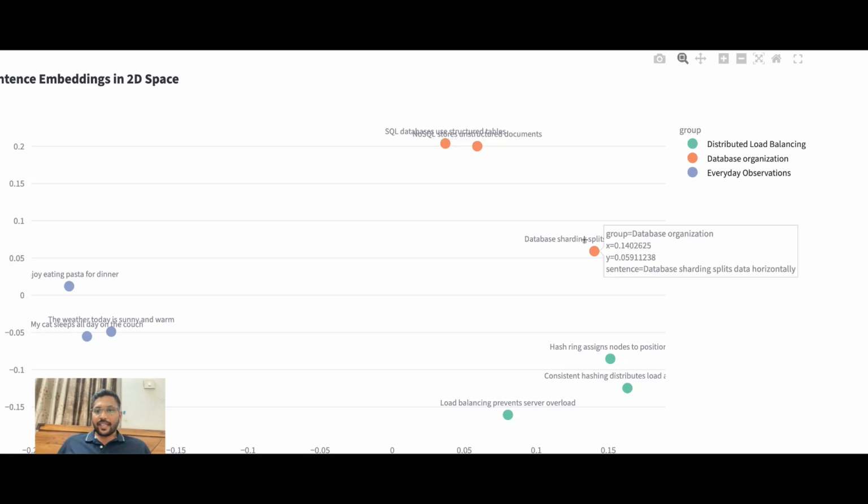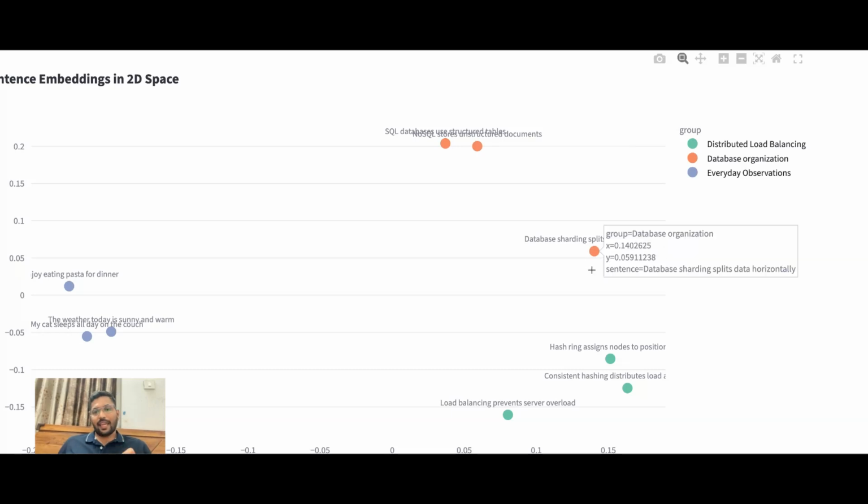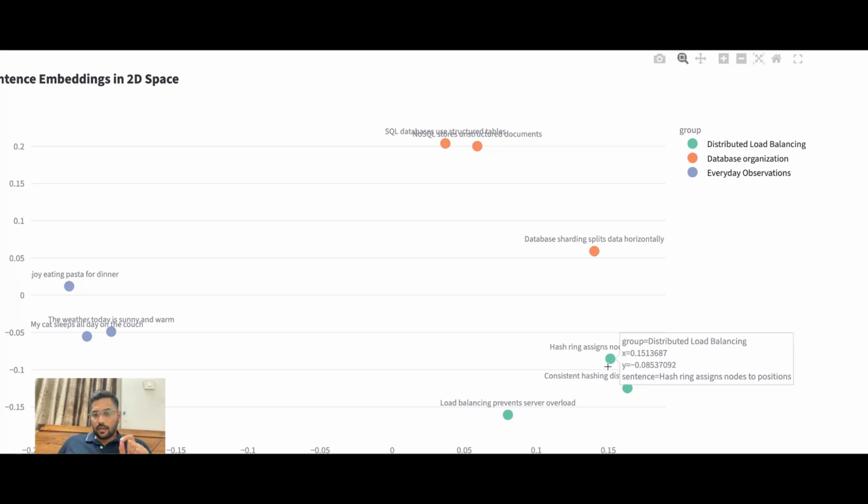And "database sharding splits data horizontally" is somewhere between SQL and your distributed system. The sentence database sharding has some meaning specific to distributed system also. So it's away from your SQL database, and a bit closer to the sentences related to distributed system.